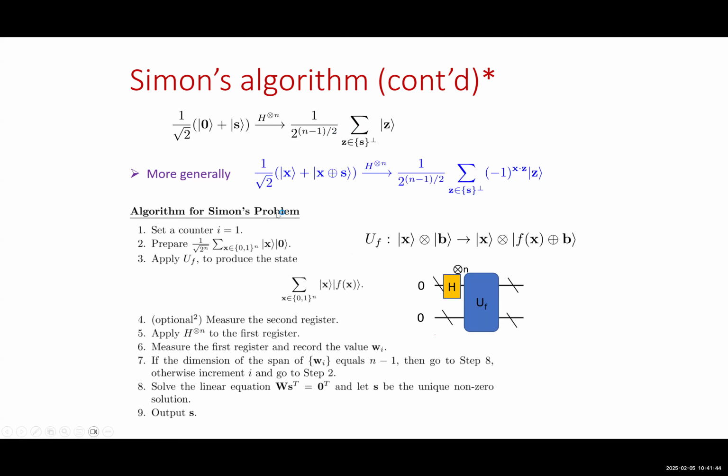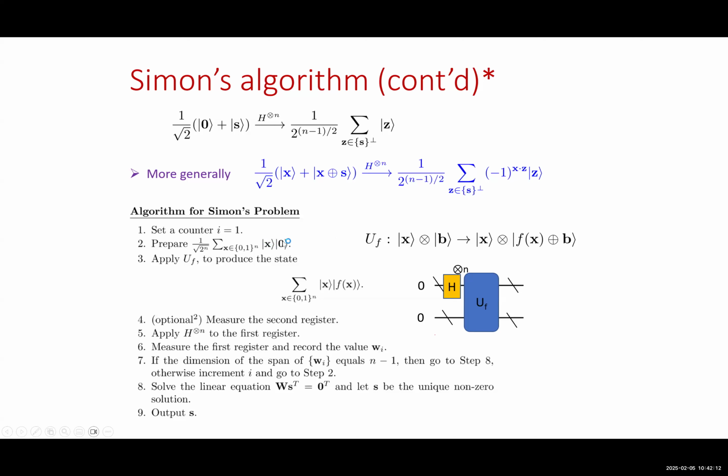So we're going to run this a few times. Imagine you measure the second register, and then you come back and measure the first register. The z you get will be orthogonal to s. So we prepare a superposition for the input in the first register.